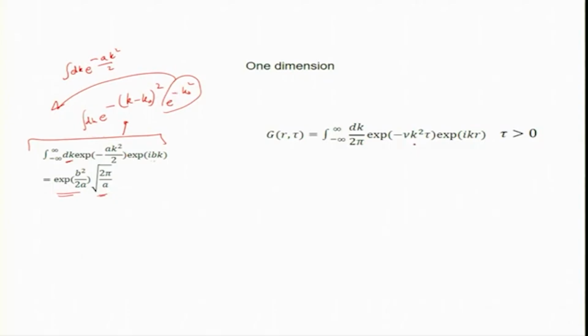You can see that a is minus nu tau by 2, two times that, compare this, is a, correct, and b is tau. Just plug that in. This is my integral, minus r squared by 4 pi nu tau.